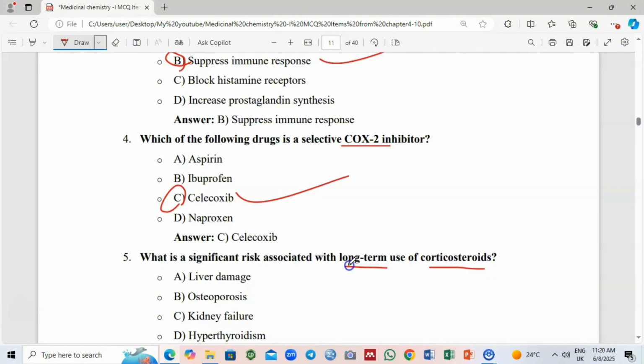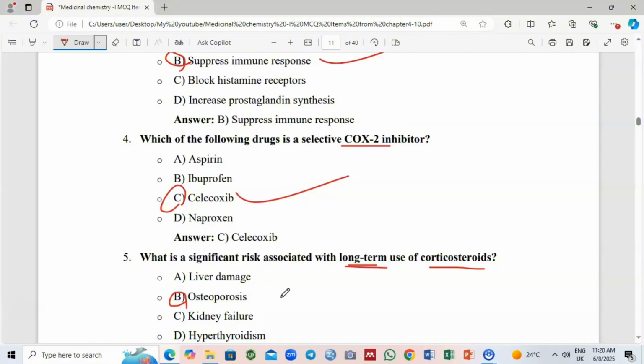In the long term, it can lead to more serious complications like osteoporosis, weight gain, diabetes mellitus, hypertension, and increased risk of infection. Therefore, among the given alternatives, the one most associated with long-term exposure to corticosteroids is osteoporosis.